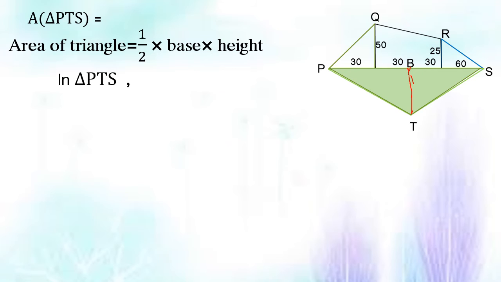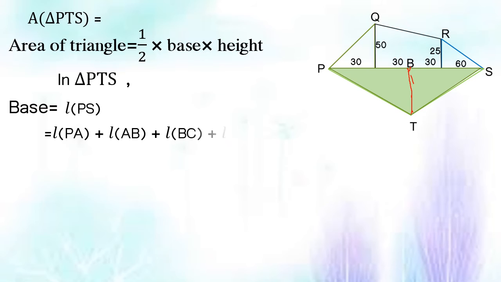In triangle PTS, base is equal to PS, and PS will be equal to length PA plus length AB plus length BC plus length CS, right? This is the base. Now substituting the values, PA is 30, AB is 30, BC is also 30 and CS is 60.